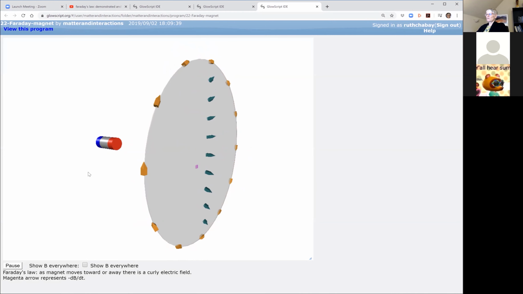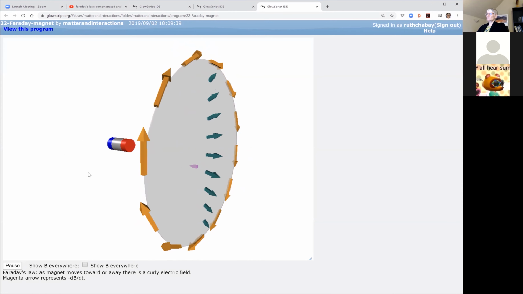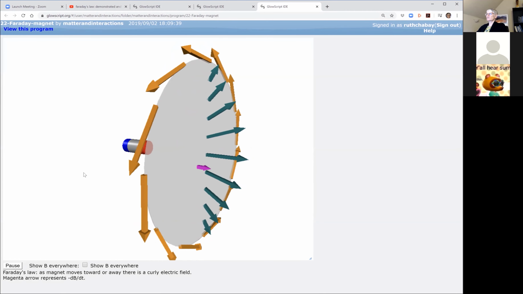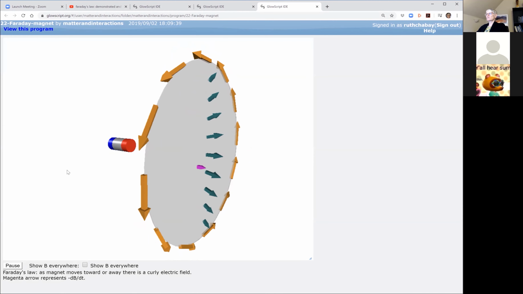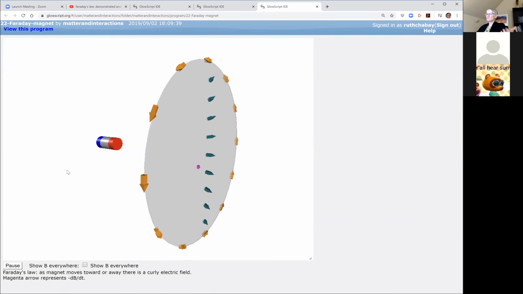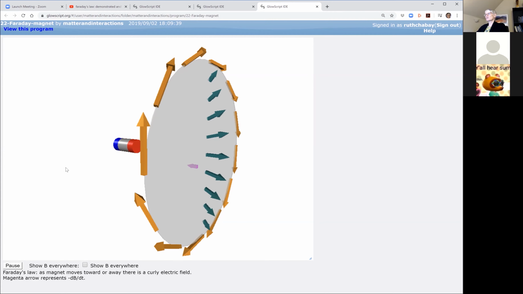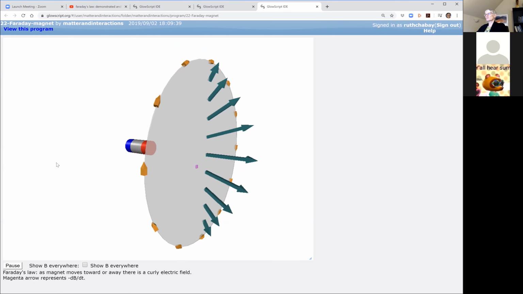Now, when the magnetic field isn't changing, when the magnet is momentarily at rest, the electric field goes to 0. When the magnetic field is changing fast, the electric field is large, and when the magnetic field is changing slowly, the electric field is small.